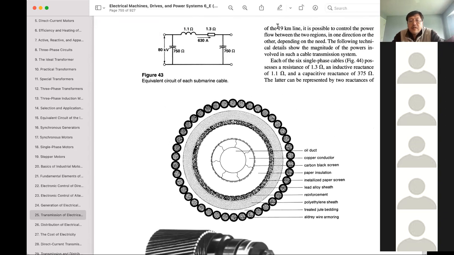So let's continue reading a little bit about this power cable. It's 10 miles long. What is the resistance? 1.3 ohm, and the inductance of 1.1 ohm. So over those 10 miles, you have the inductance, you have the resistance, and you have capacitance, which is 700 ohm on both sides.